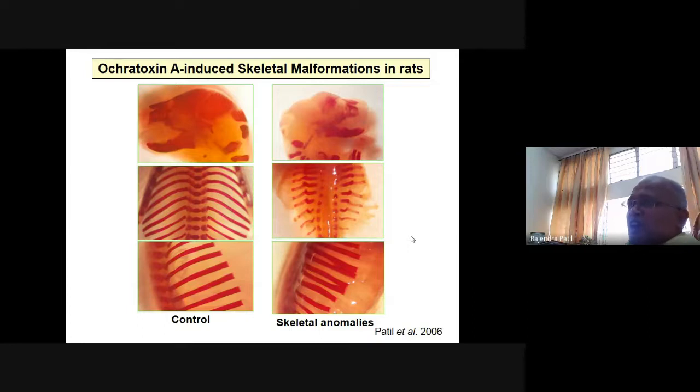Then aflatoxin also induces skeletal malformations, and with the help of alizarin red staining we can stain these. The alizarin red will stain the bones and the calcified areas, and this one is a control showing the different bones which are well developed.